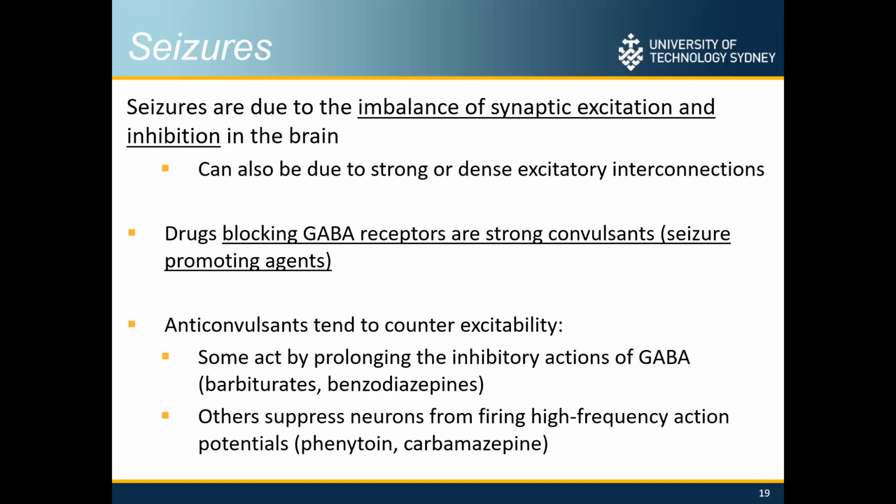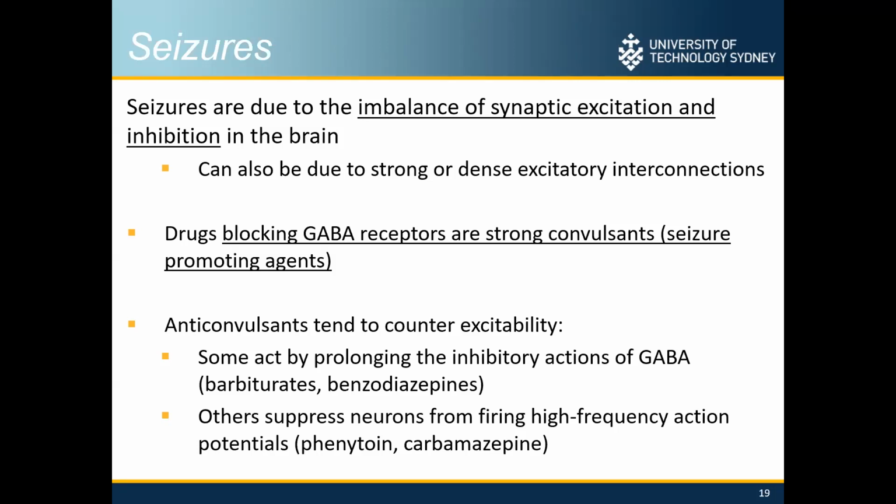So in this case, when it comes to generating a treatment for seizures, they tend to use anticonvulsants, which are medications that prolong the inhibitory actions of the GABA neurotransmitter.